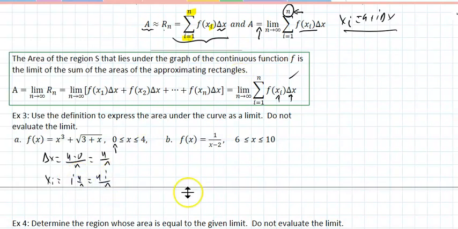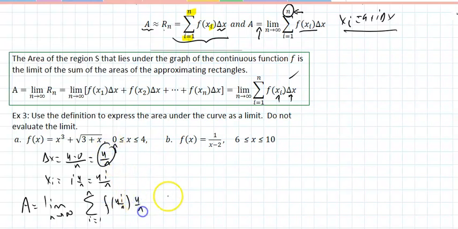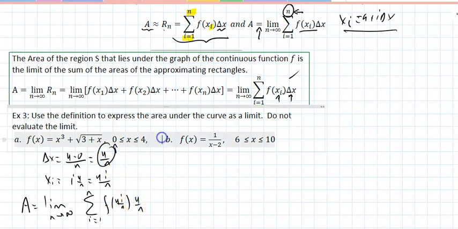And if I want to find an expression for the area, we're going to say area equals the limit as n approaches infinity of the series i equals 1 to n of f of x sub i, f of 4i over n times delta x, and delta x is 4 over n. So what would that be?